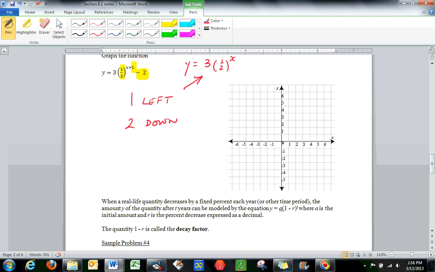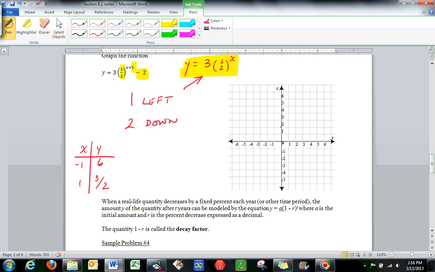So I'm just going to graph this base function right here, and so if I just t-chart a couple of points, negative 1 and 1. And you can do the math on these. That's going to give me negative 1, 6, and 1, 3/2. And I'm only graphing this function right here, right now. So I'm going to just kind of do 0, 3.